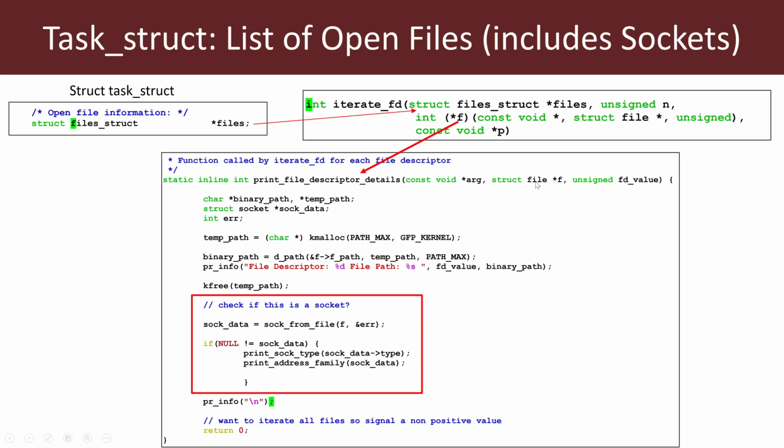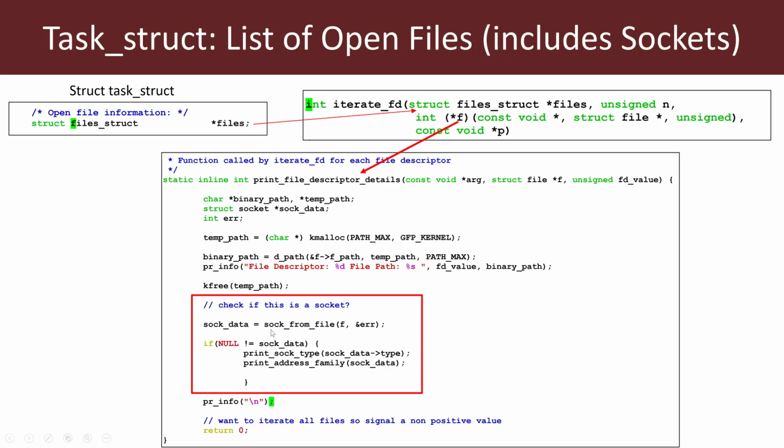Once we get our struct file, if you recall from the previous video, it's very easy to call d_path and get back the path to the file. So this is what we do over here, we print that. Now there is a possibility that this could actually be a socket.